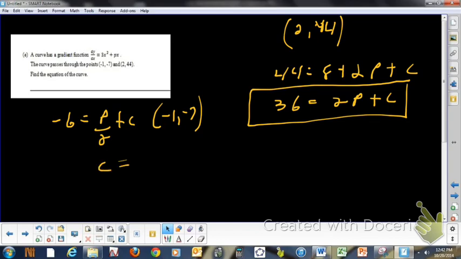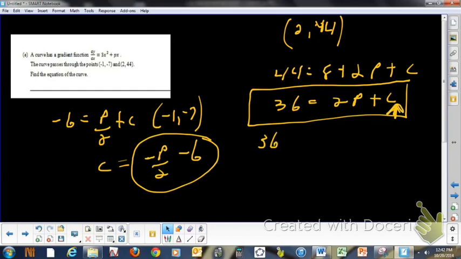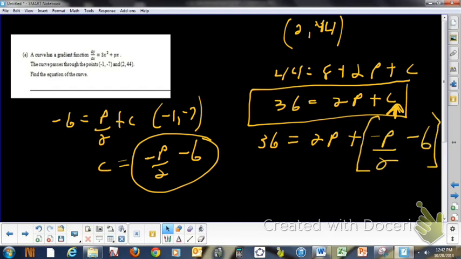So if c equals -p over 2 minus 6, now I can substitute that into here, because that's one of the ways you do simultaneous equations. It's through substitution. There it is, that's substituted in. And now I solve that and simplify it, and I'm going to end up being able to solve for p, and p is 28.